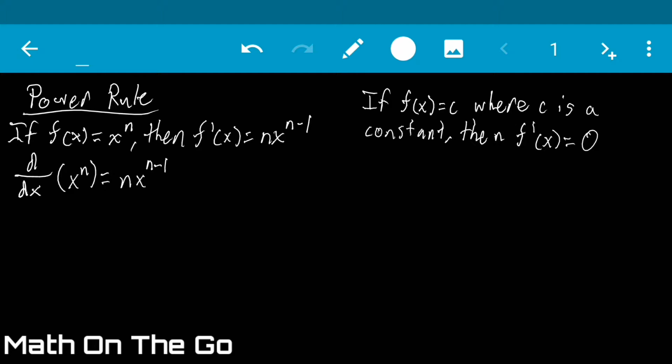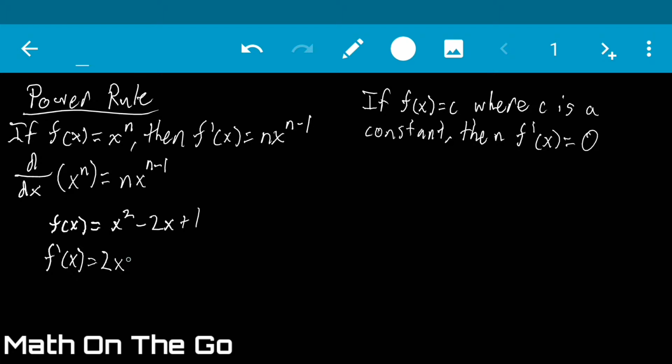So with this little bit of information, let's look at our first example. F of x equals x squared minus 2x plus 1. So the derivative, remember our rule, we have n comes out front, so we have 2x, and then we have our n minus 1. 2 minus 1 is just 1.